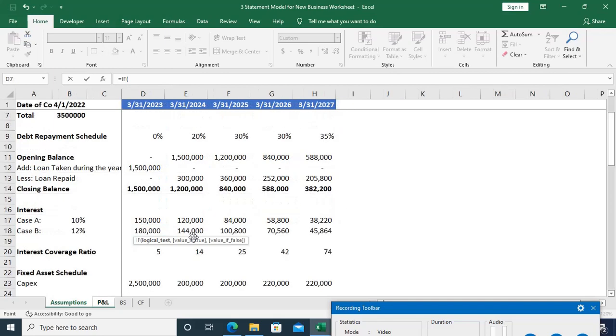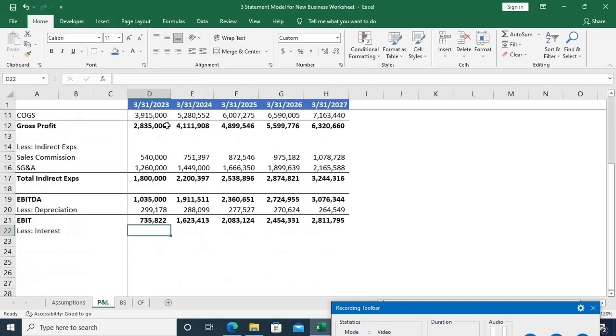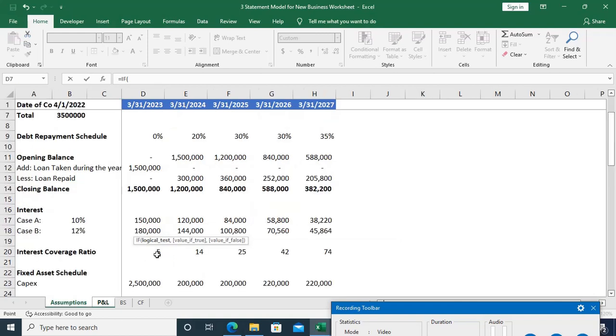If the interest coverage ratio is less than 8.5, keep following this formula bar, then we will pay 12% interest.